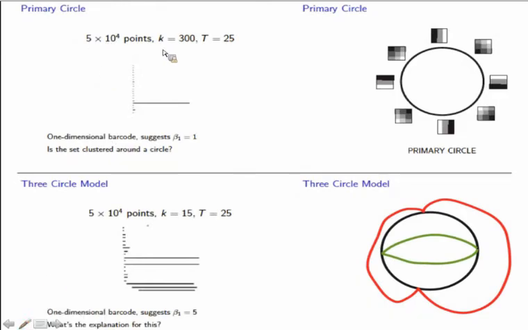This is with our k equals 300 and our 25% densest points. So we've got about 5,000 points. Then our homology is just this one circle. Now, when I say one circle, because we're doing Z mod 2 coefficients, we should be a little bit more careful about what we mean by a circle.